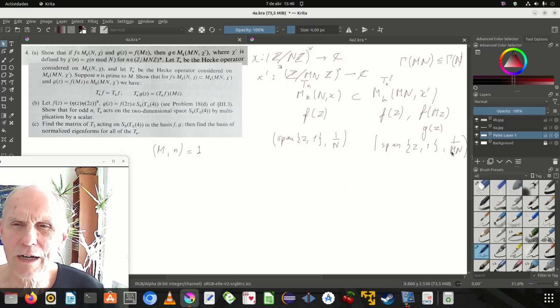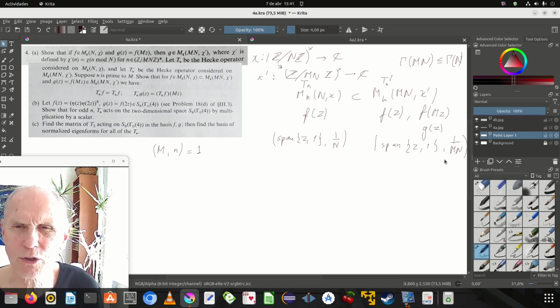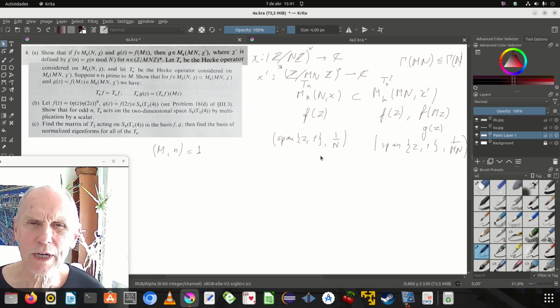They actually put an argument for that in, I think it's the proof of proposition 17b, I'm not sure, but maybe we should look at it again.